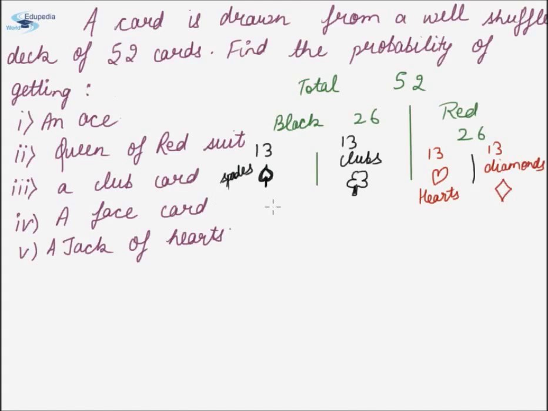Among these 13 cards, we have 3 face cards in each of these 4 categories. The face cards are Jack, Queen and King.